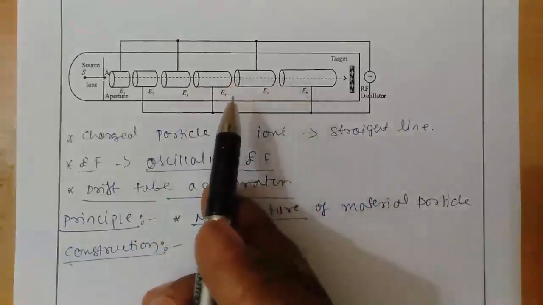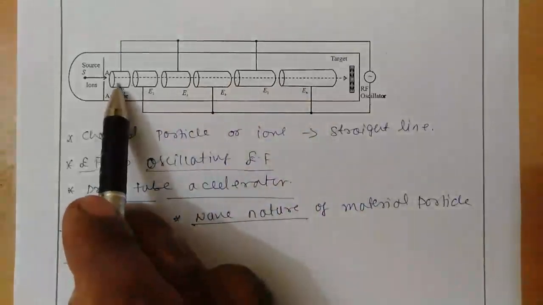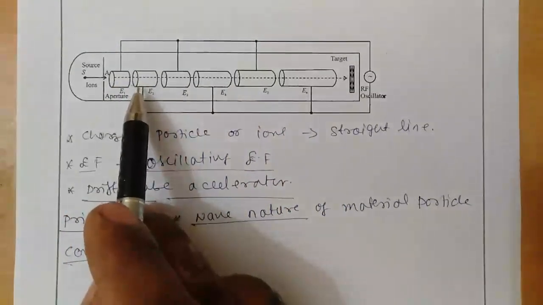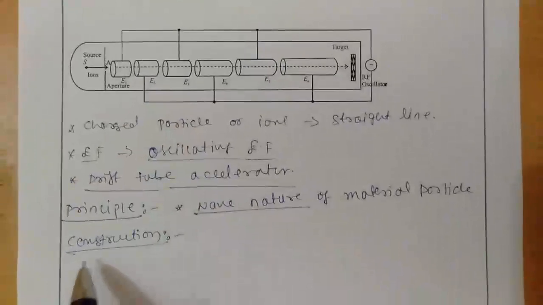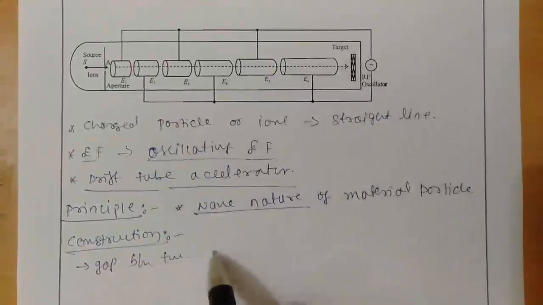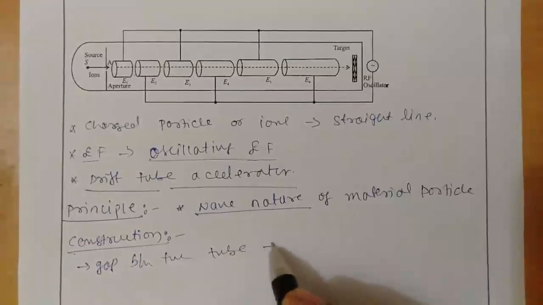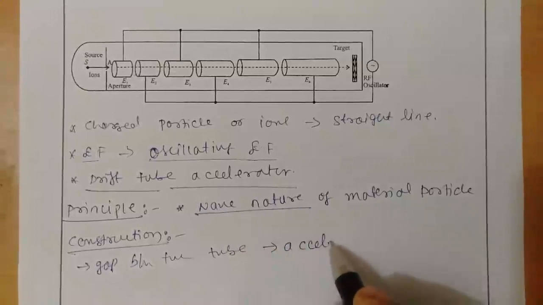The ions will travel with a constant velocity inside the tube. Remember students, the charged particles are accelerated in the gap between the tubes or electrodes. These tubes can also be called electrodes, so here the charged particles are getting accelerated.